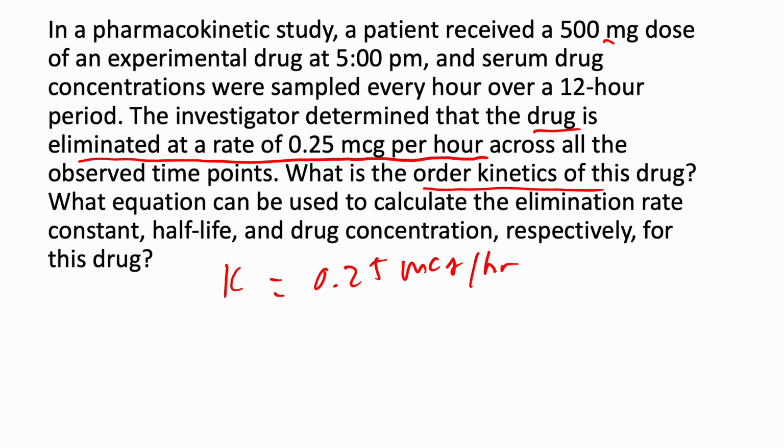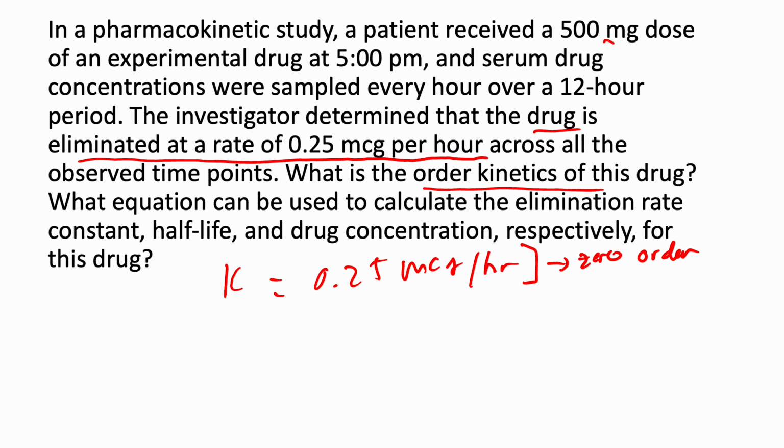So over time, the amount of drug removed per hour is unchanged, and that's 0.25 microgram. So this tells you that the drug follows zero order kinetics because the amount of drug removed per unit of time is constant.